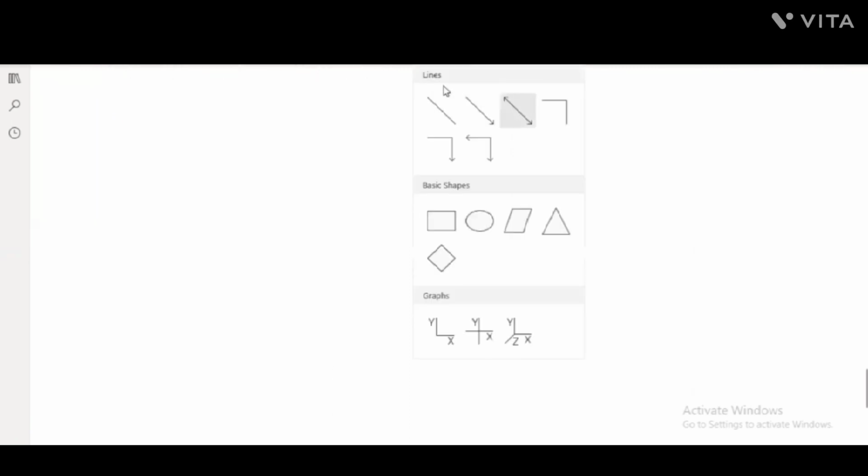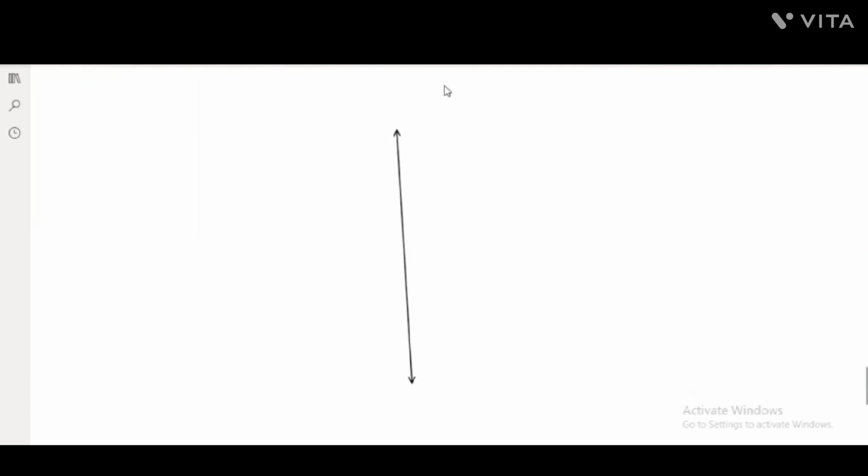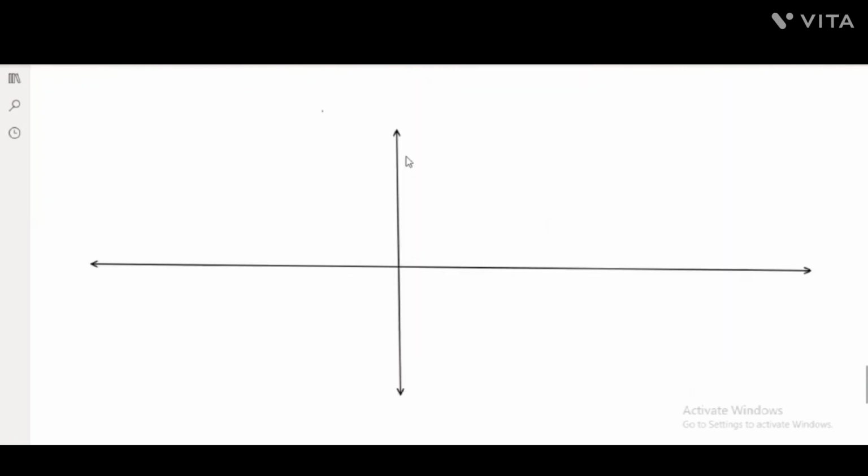So let's see how mod sin x has period pi. If you observe clearly, the graph of sin x will be like this: 0 to pi by 2 and pi, 2 pi. At 0 it is 0, at pi by 2 it is 1, at pi it is 0, at 3 pi by 2 it is minus 1, and at 2 pi it is 0.